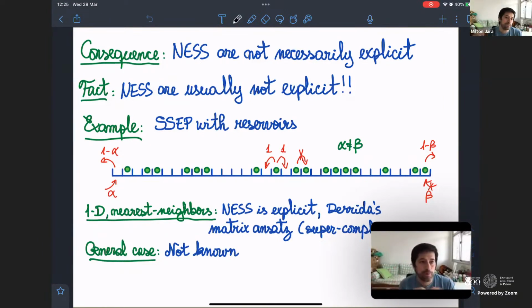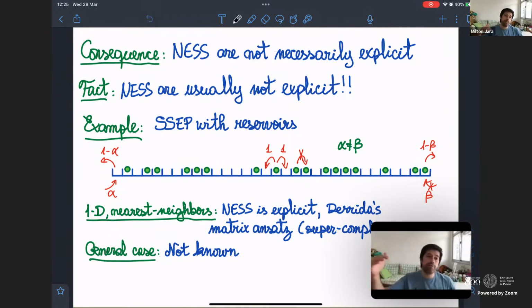What does it mean, reservoirs? It means that when a boundary site is empty, one particle can arrive with some rate, which in this case are alpha and beta. And when the site is occupied, the particle can get out of the system with the complementary rates 1 minus alpha, 1 minus beta.